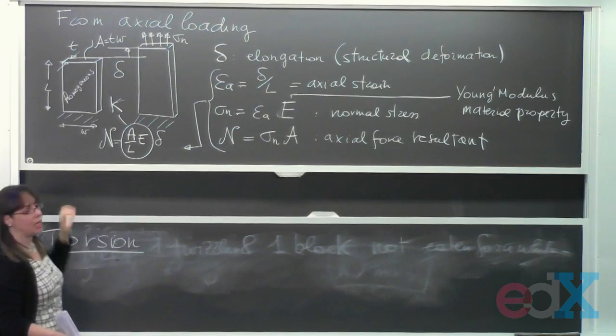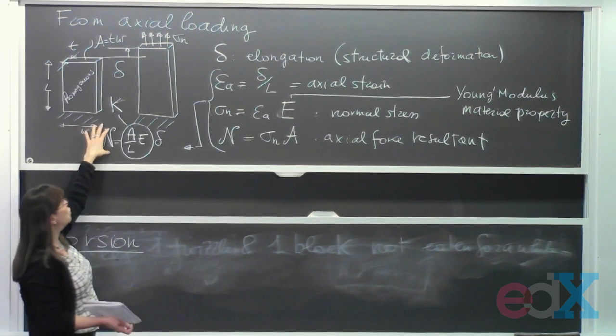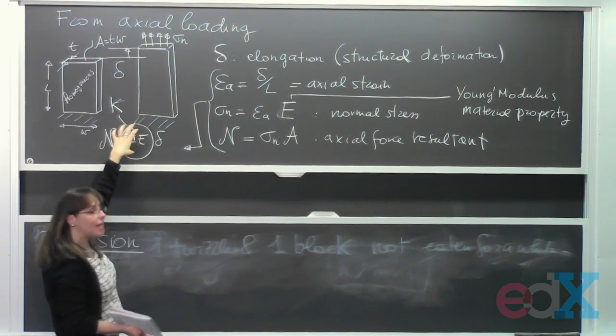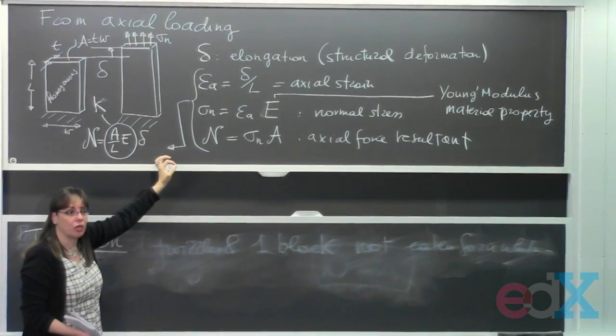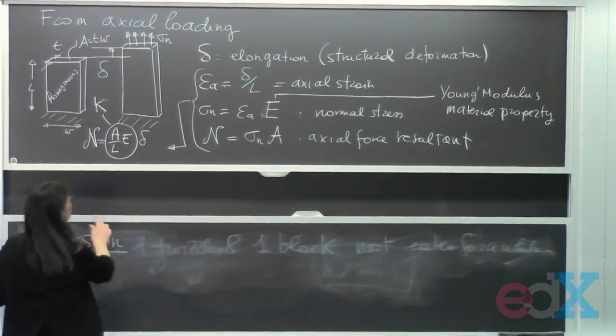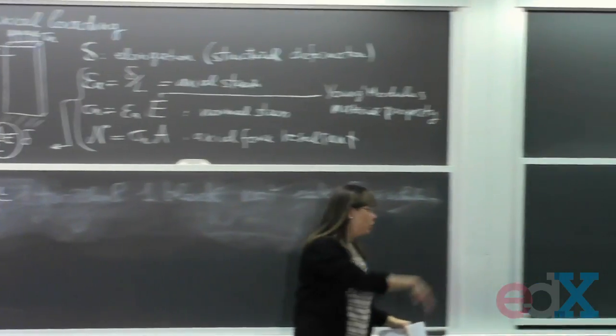And the final destination of today's class is going to try to get to the same point in which we can relate loading to deformation through something that has to do with geometry and material properties for torsion. Okay? All right, so in order to get there, we're going to go through shear.